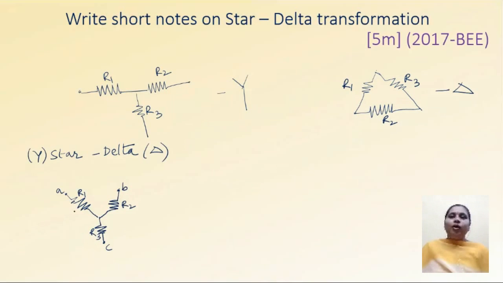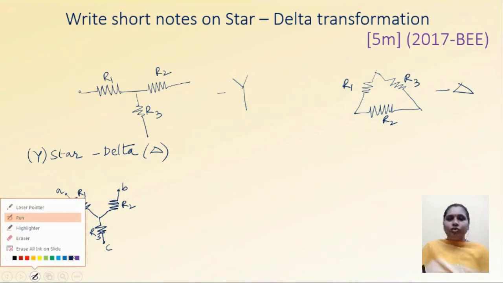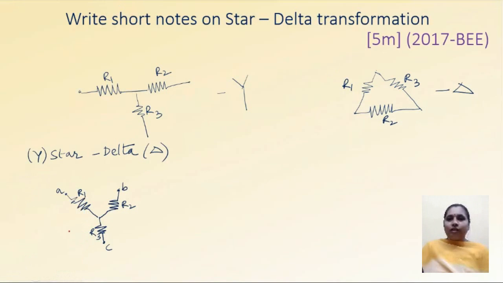Now I want to convert it into delta. So I'll take another color to represent it.